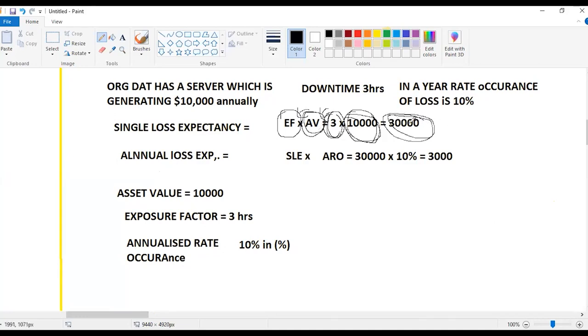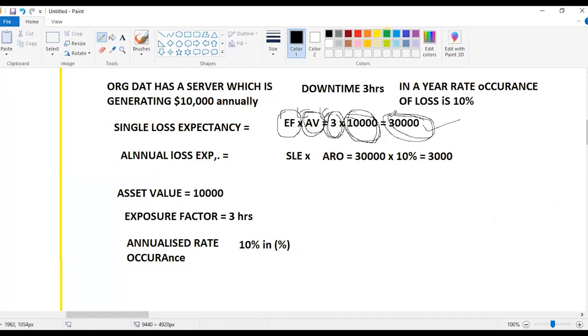$30,000 single time. Now we are talking about the single time. This is the single time you lost the $30,000. Now we multiply and find the annual loss expectancy, SLE into ARO.